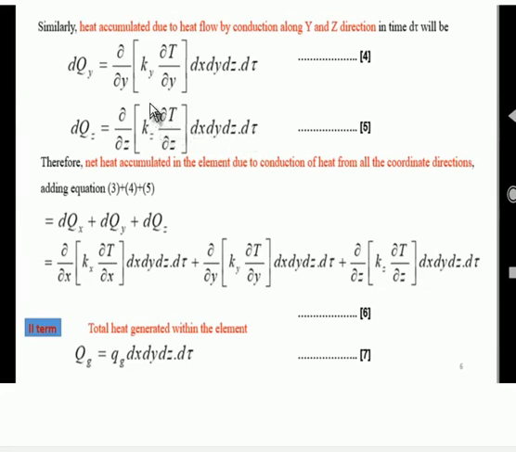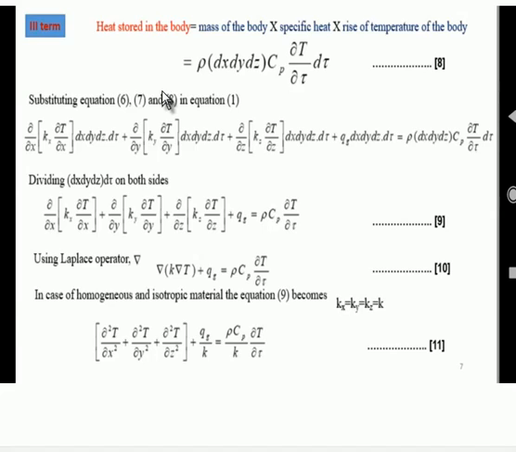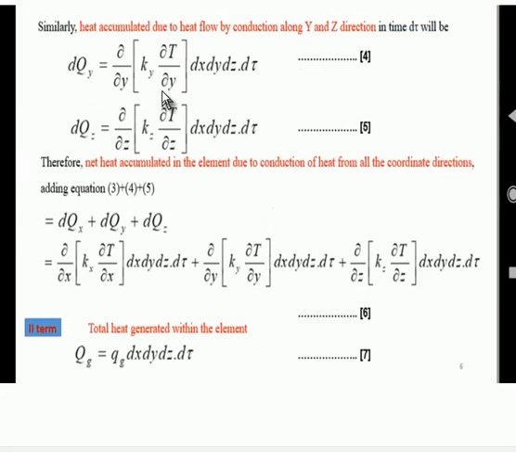So all these three equations, equation number 3, 4, 5, will give us the net heat accumulated in the x, y and z directions.